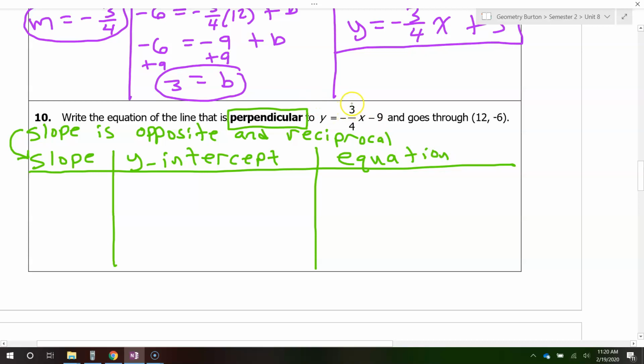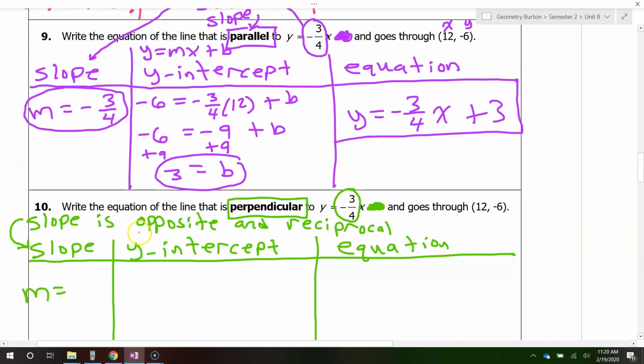Now, the slope of the line that they gave me is right here. The y-intercept of this line is not relevant, so scribble it out. With perpendicular lines, the y-intercept is not relevant, but I'm going to use this line in order to get the slope. If the lines are parallel, the slope is the same.